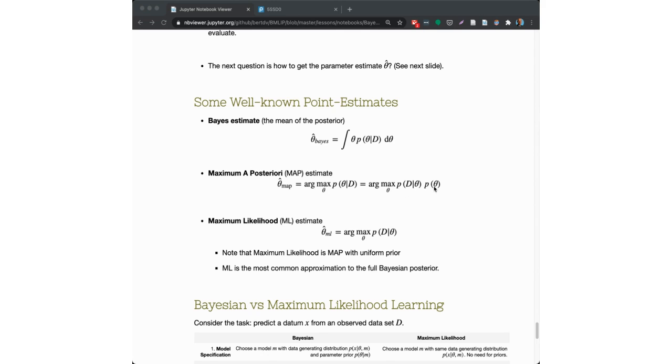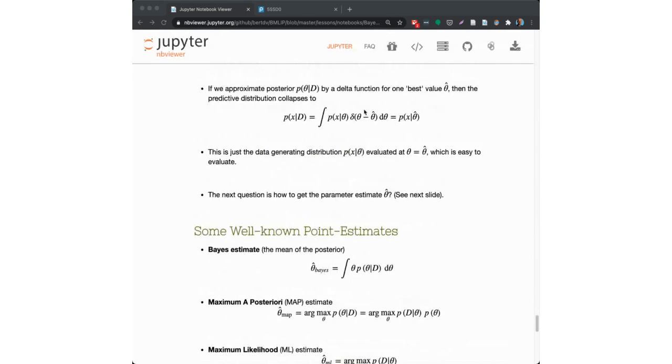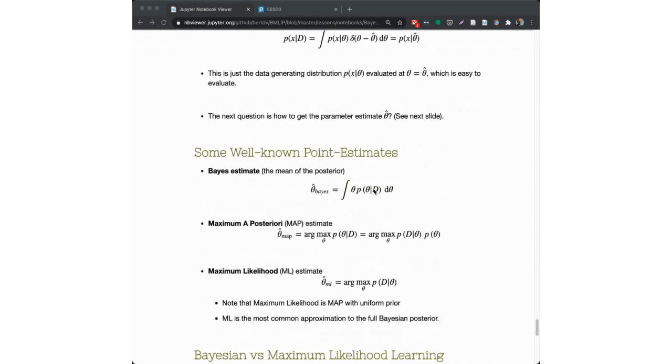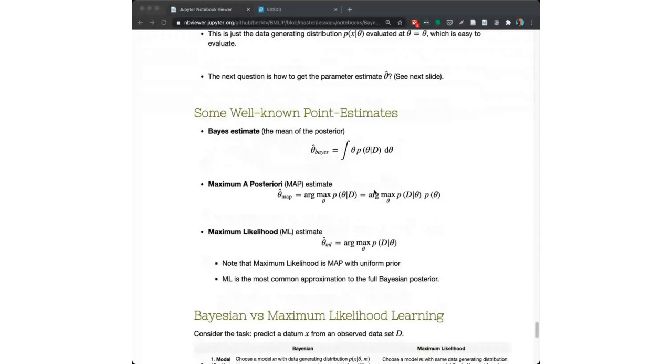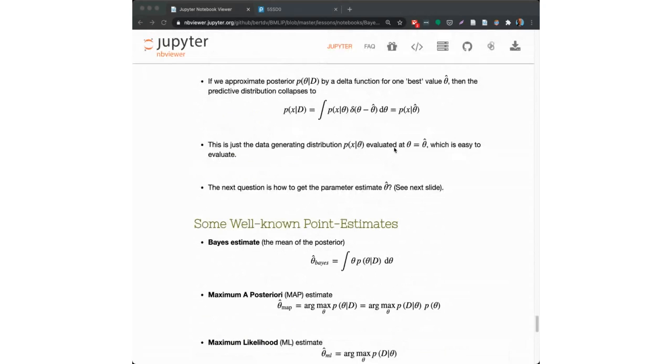So in that sense, it's a particular choice for theta hat, and then plugging that in as a posterior. In that sense, it's an approximation. It's an approximation of this function here by this function. Is that clear?